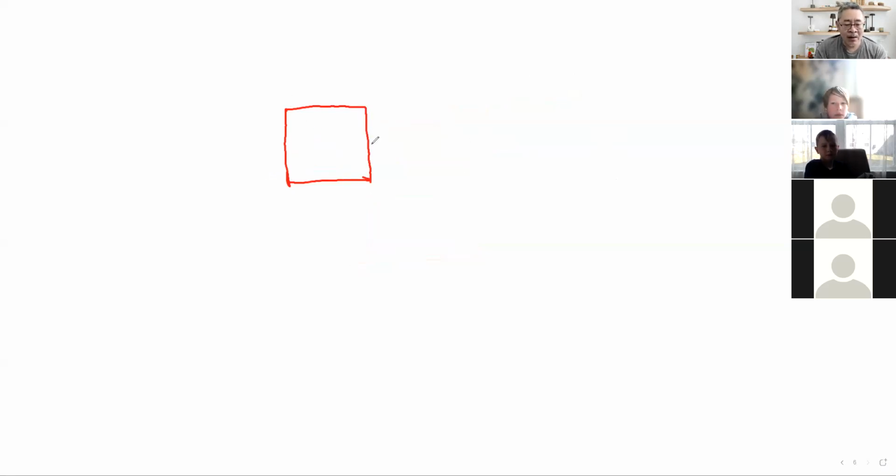And the area of a square is defined by its one side. Say this is the side and another side. So the area of a square is defined as S squared, meaning S times S. So that gives us two dimensions. One is going this way, one is going up this way.